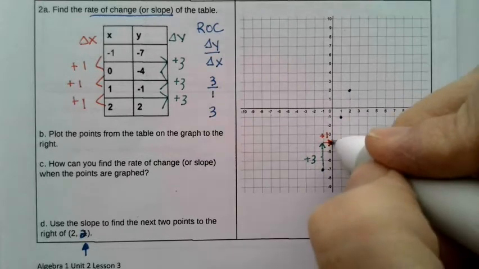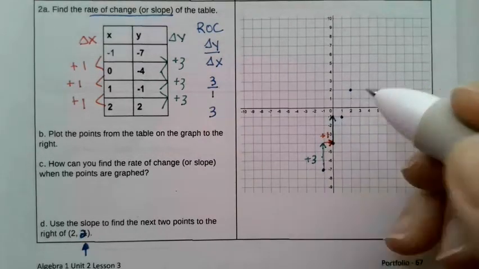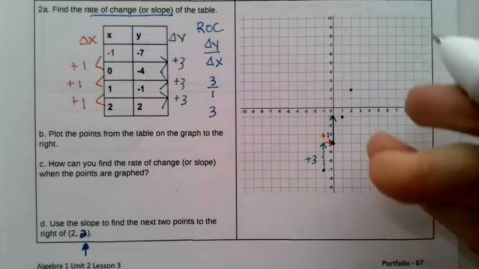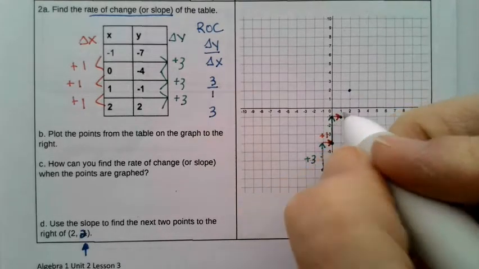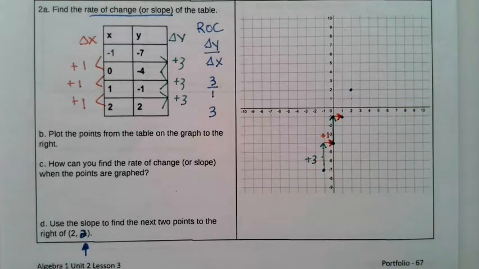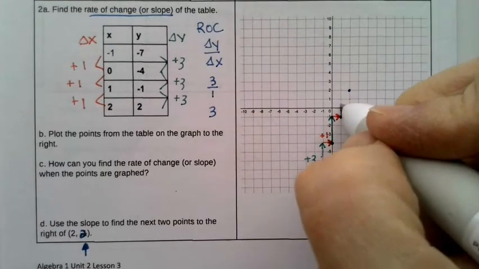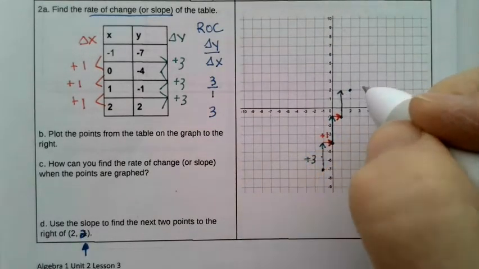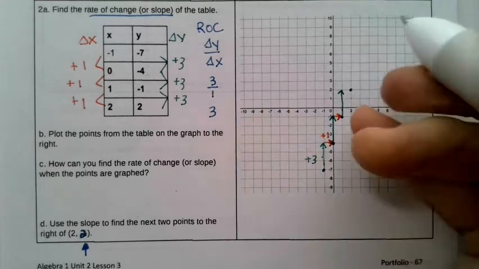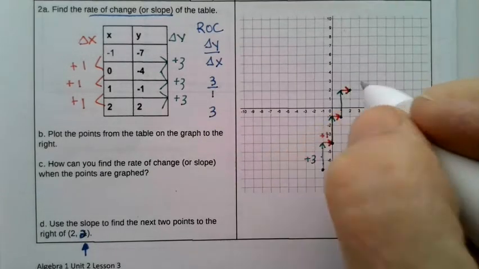And part D is asking us to predict or to find the next 2 points. So we can use our slope by going up the change in y and over the change in x.